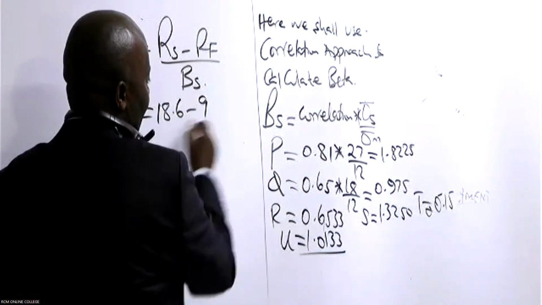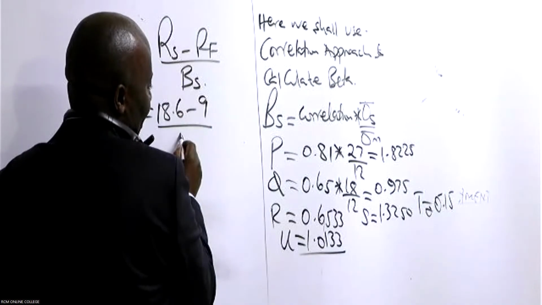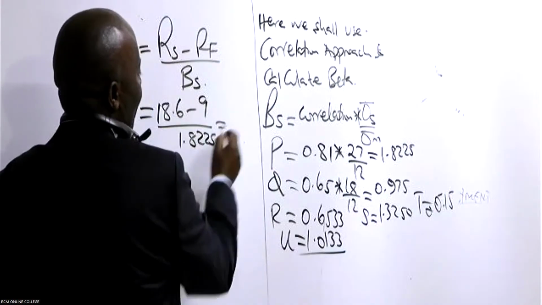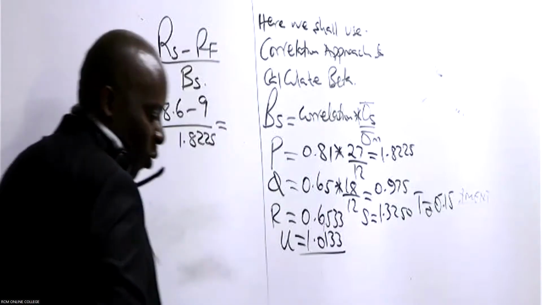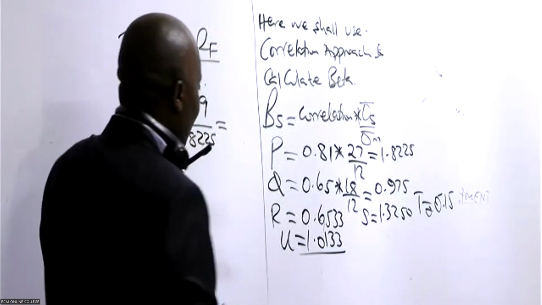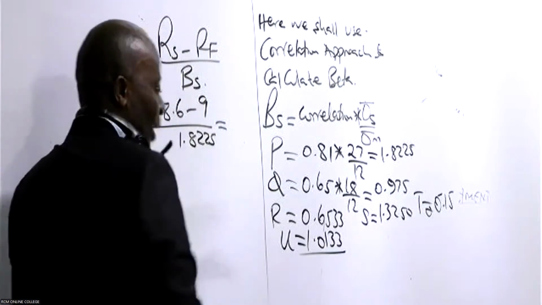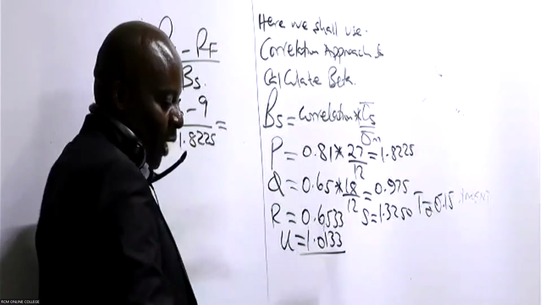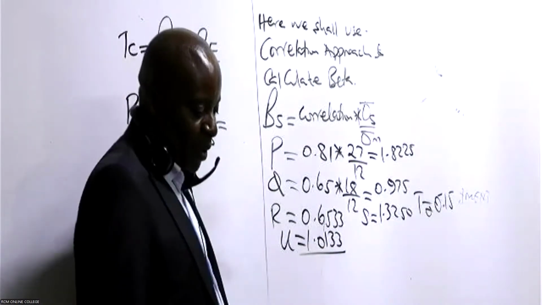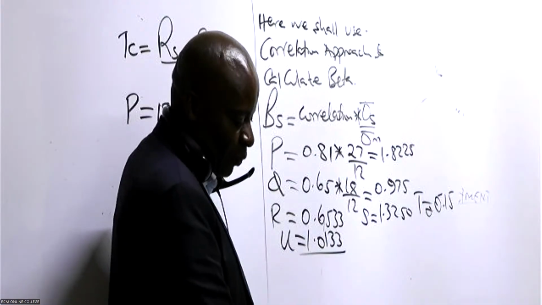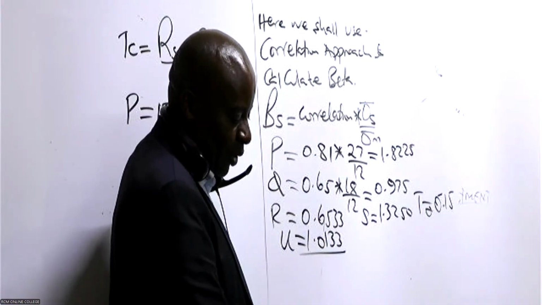How about beta for P? 1.8225. So please now get for all the others. Thanks, Mieni. Great. Now I want you to get for every security and then post your answers here. I'm giving you exactly 5 minutes.